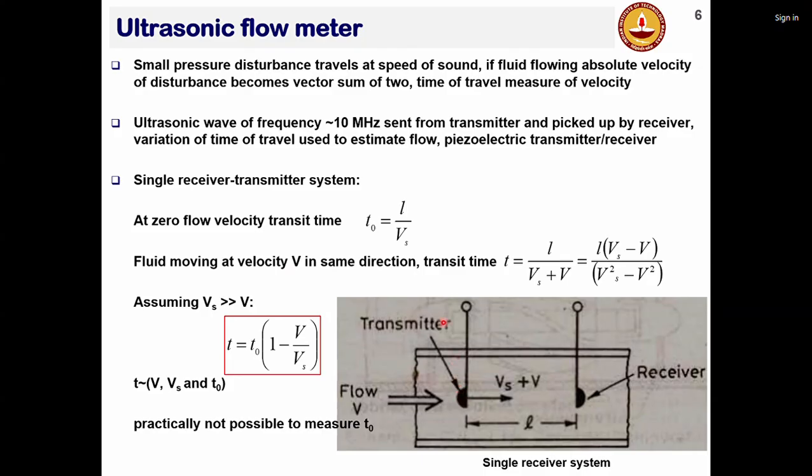If L is of the order of a meter, and the velocity is about 1500 meters per second, this will be of the order of a millisecond or smaller. So measuring this time with reasonable accuracy becomes tricky. This is one of the limitations of this kind of arrangement.